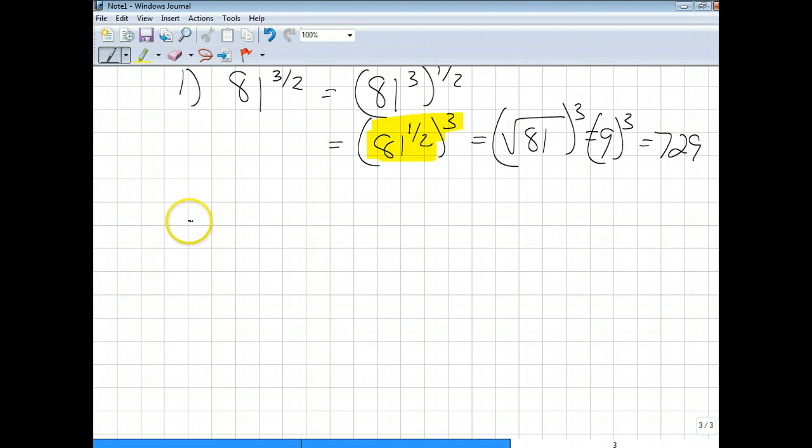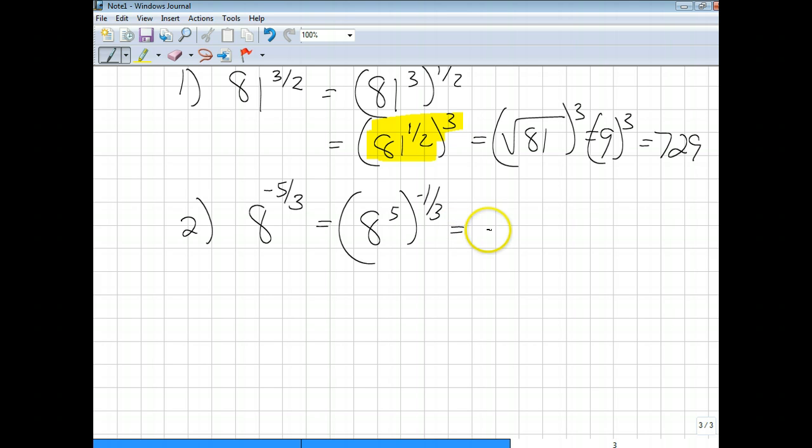So then, number 2. I have 8 to the negative 5/3. Okay? So, I could do that as 8 to the 5th raised to the negative 1/3. Or I could do that as 8 to the 1/3 raised to the negative 5. Which one will be easier? Think about which one would be easier to simplify.